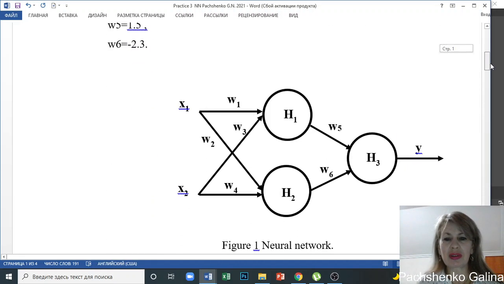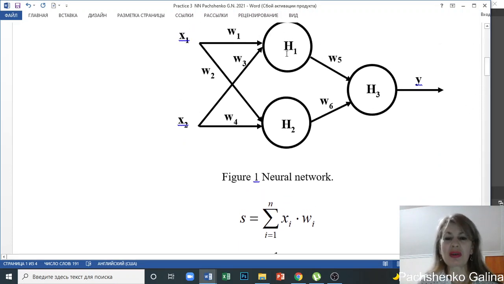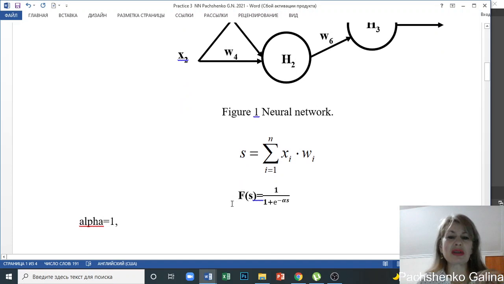I remind you that first of all, for each neuron, we find the sum function using this formula. Please look at practice 1. And then we apply the activation function, the sigmoid activation function, to our sum function.